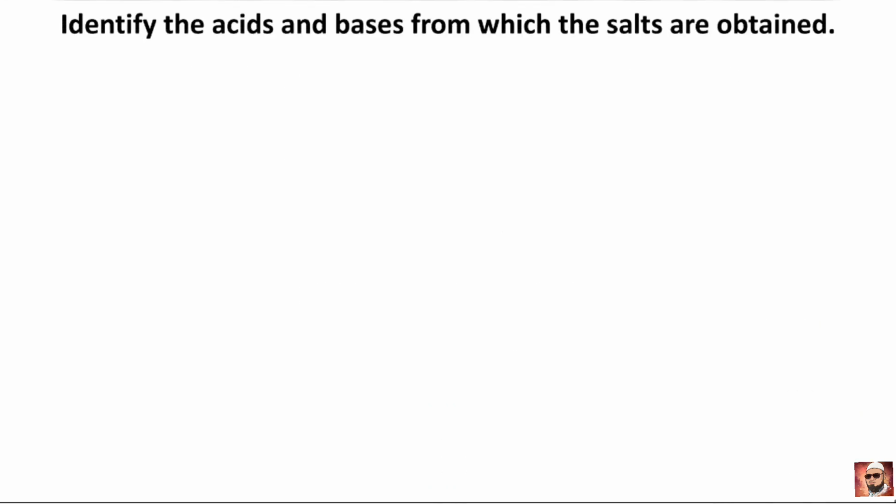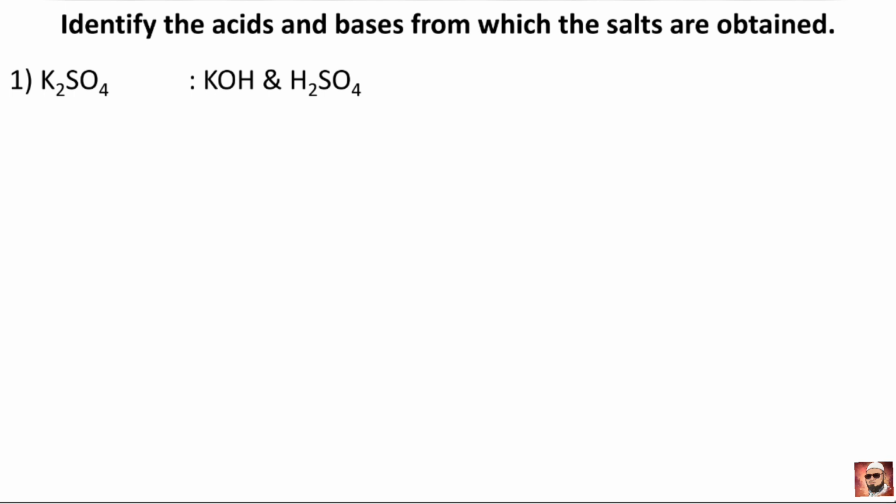Identify the acids and bases from which the salts are obtained. Let us see one example here. We are taking the salt K2SO4, and this salt can be obtained from the acid H2SO4, sulfuric acid, and the base potassium hydroxide KOH.